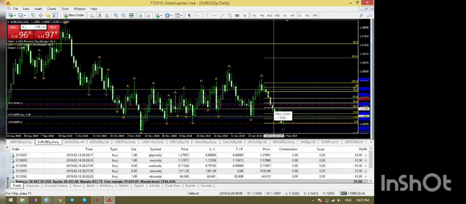So we have two confirmations. One is that it has ended in the pivot, which makes an overlap candlestick. And two is that it was in the 38 level, which is an indicator of the pivot and shows that the entire candle will be an overlap candle.